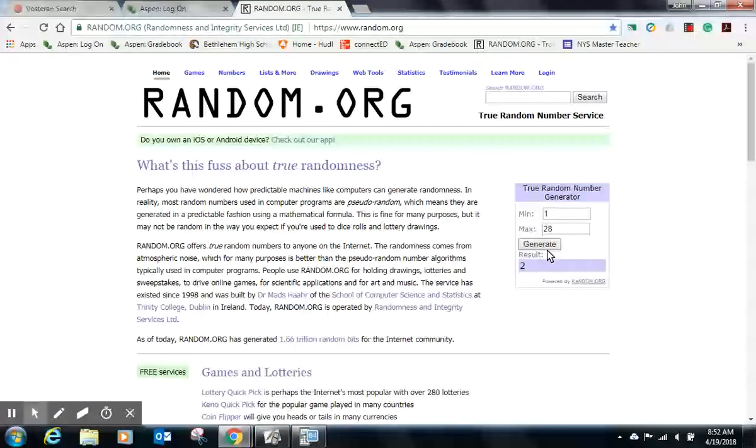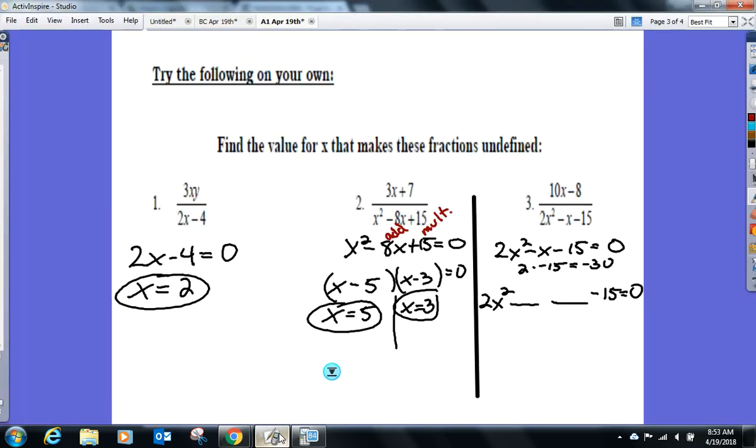Any thoughts? 2? Not here. Lucky you guys. 7? 5 and -6. So -6x and plus 5x. Everyone agree? And now I group them.